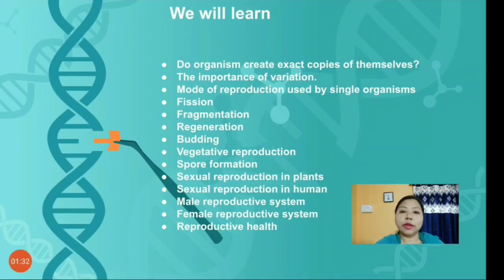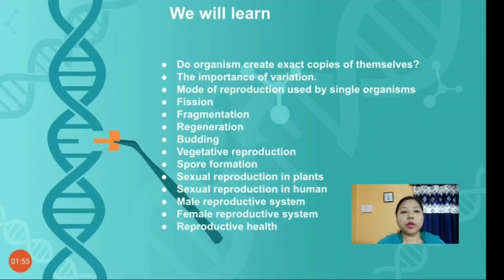Then you'll also be learning about the mode of reproduction used by single organisms, and the different modes of asexual reproduction like fission, fragmentation, regeneration, budding, vegetative reproduction, spore formation. These are all modes of asexual reproduction.